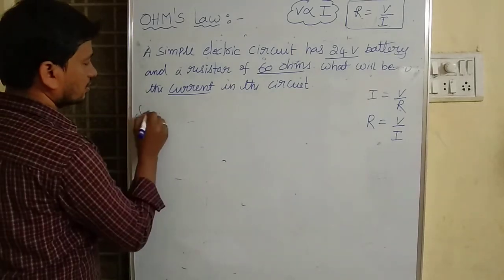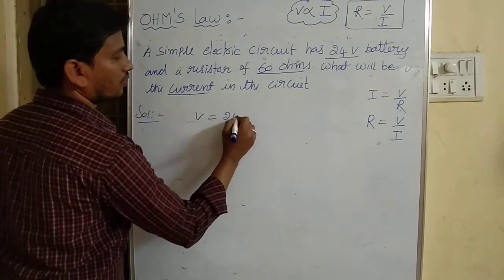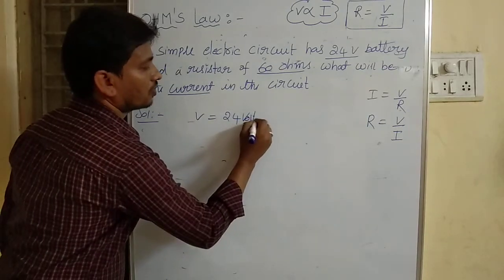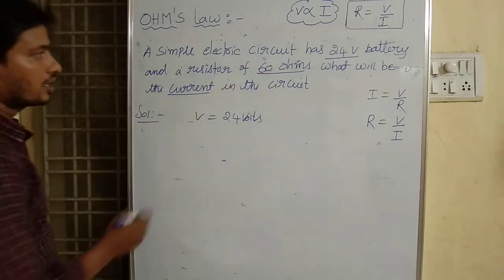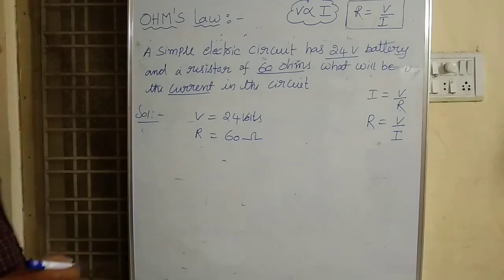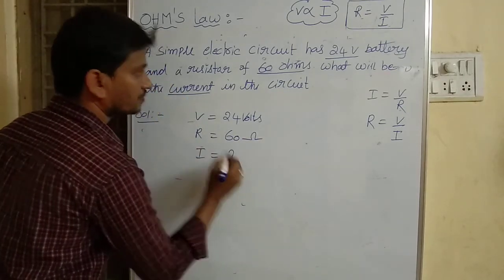Given, potential difference is 24 volts and resistance is 60 ohms. Now they are asking to find out the current.